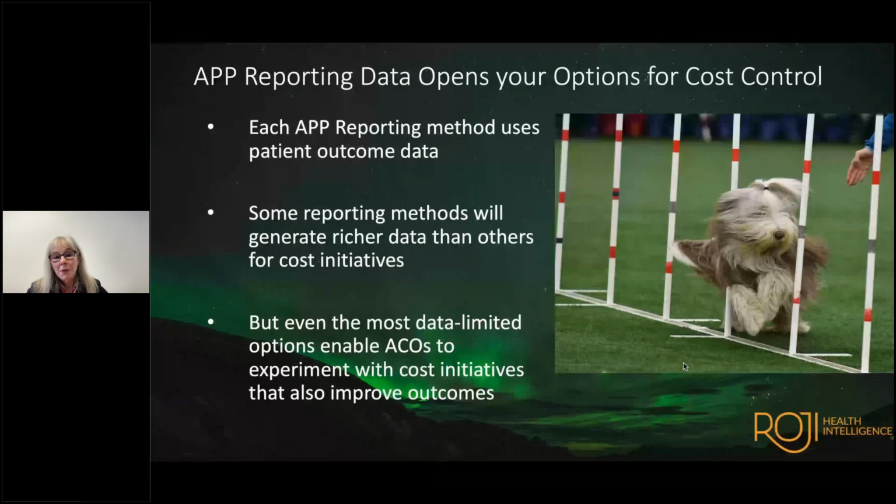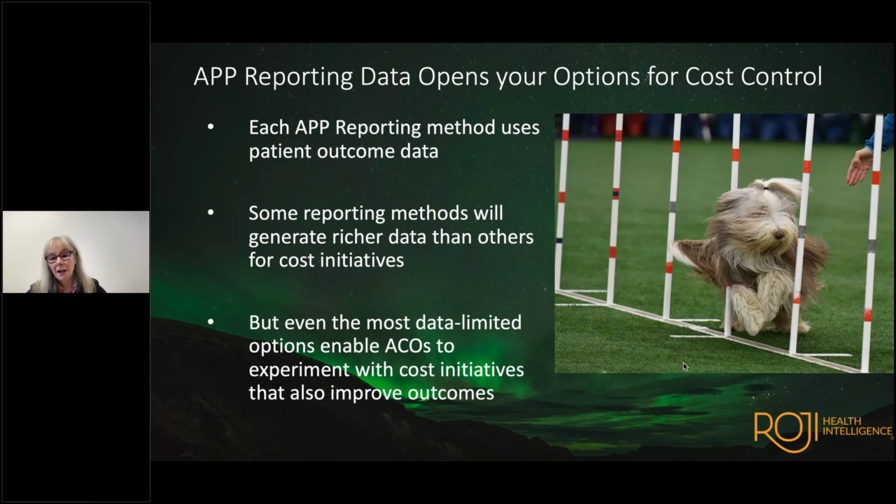The reason that APP data opens your options for cost control is that each method of APP reporting uses patient outcome data. And some of those reporting methods will generate richer data than others for cost initiatives, but all of them will allow you to go through the obstacles that you have to help improve outcomes and reduce costs in that way.